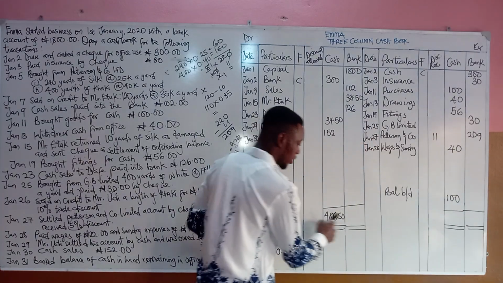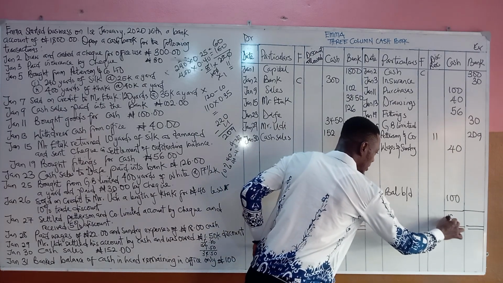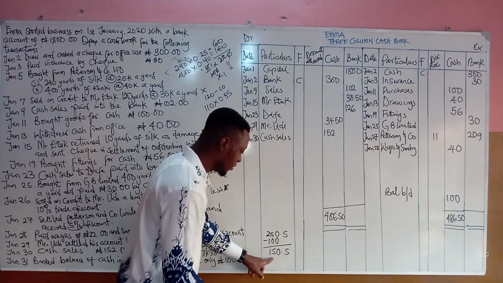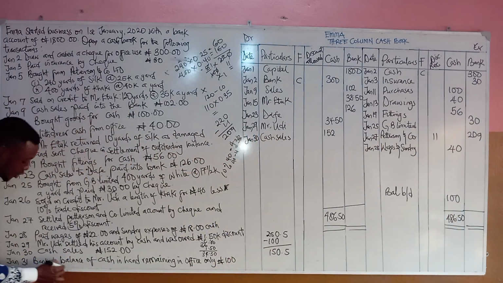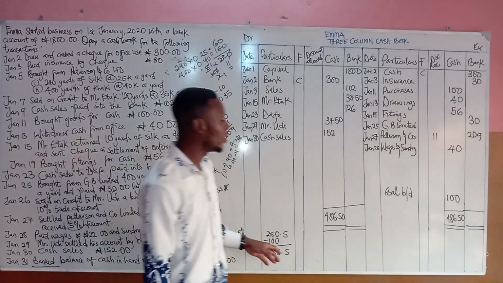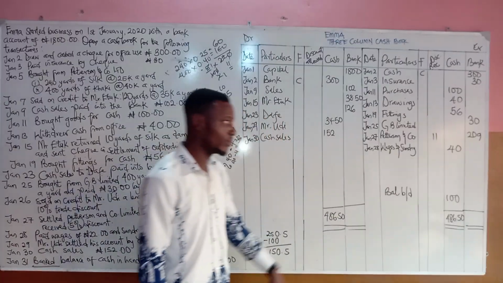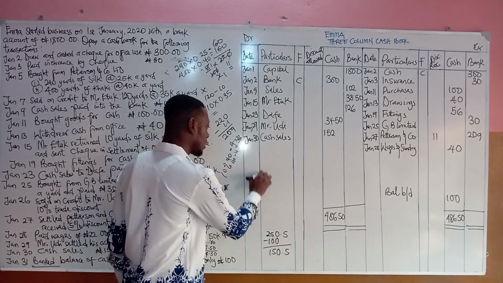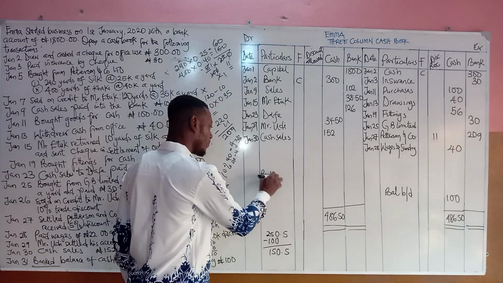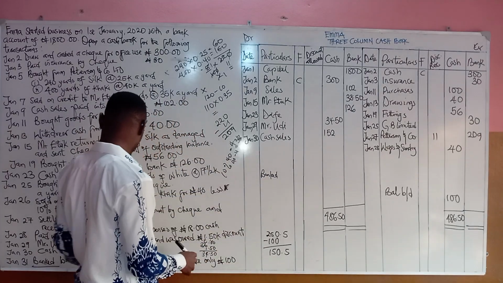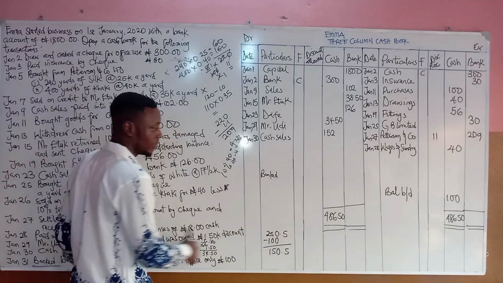And then we'll bring close with this 486.50 naira. Now this 150 naira 50 kobo, he said we should bank it. To bank it meaning that we should put it under the bank segment. Do we understand? So I will put banked, because when you put in the bank, it increases the value of the money in the bank.